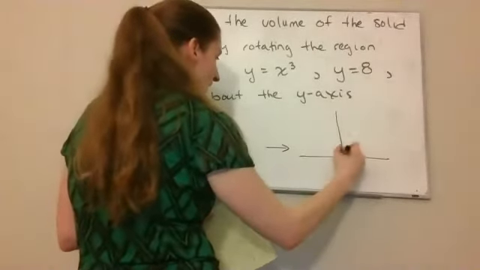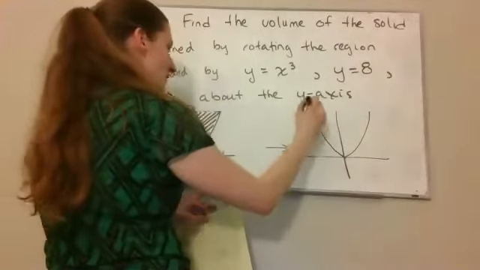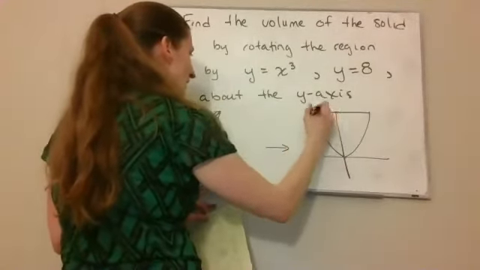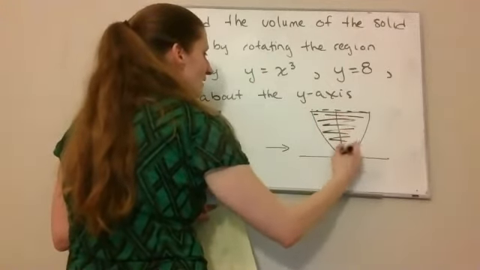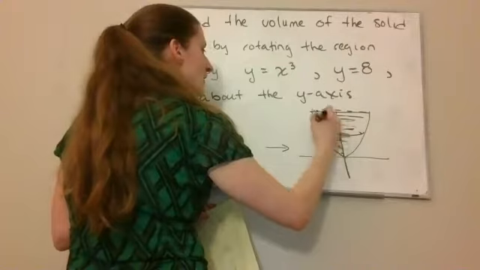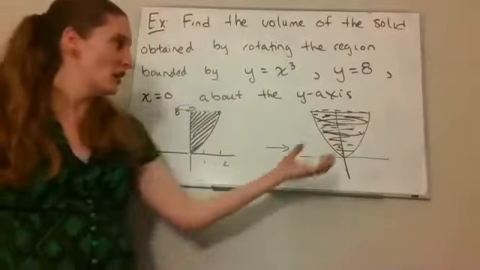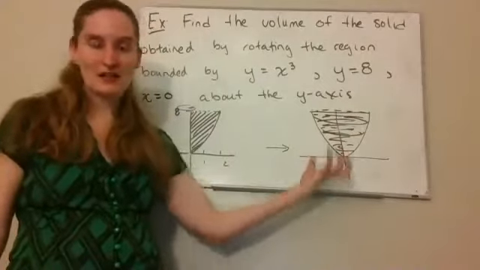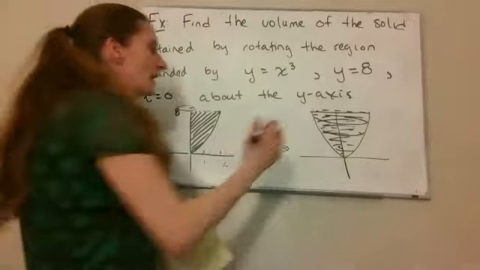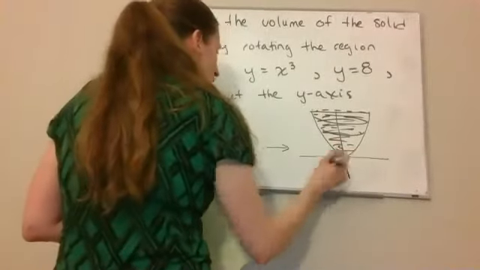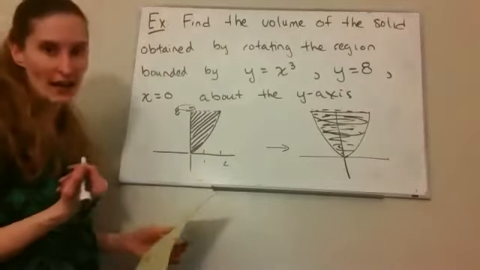Well, when I rotate it around, it's going to be symmetrical on the other side, chopped off at the top, and it's a solid object here. Picture that like it's another bowl that's filled in, it's just this time it's right side up. So we have this bowl-like object, and we're going to be slicing it, this time perpendicular to the y-axis.